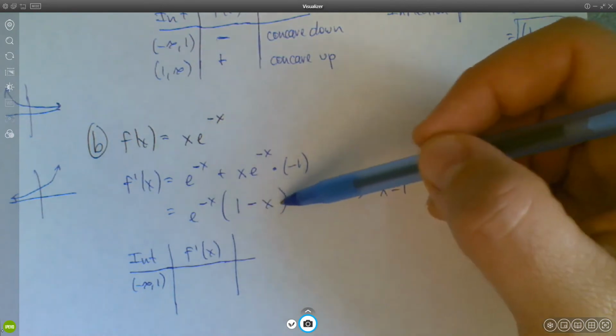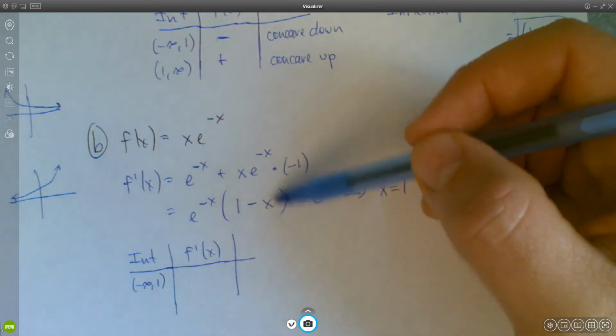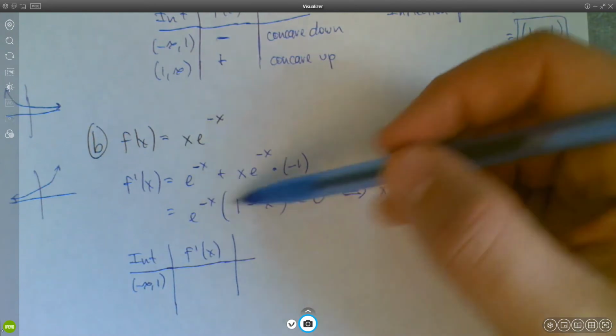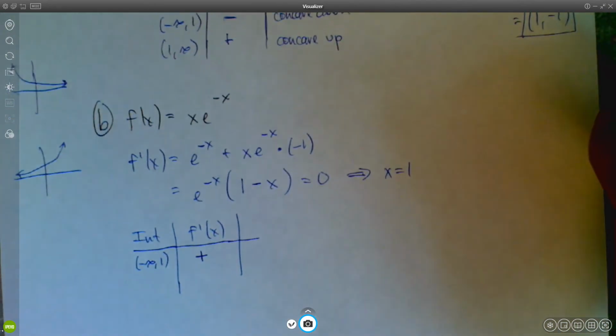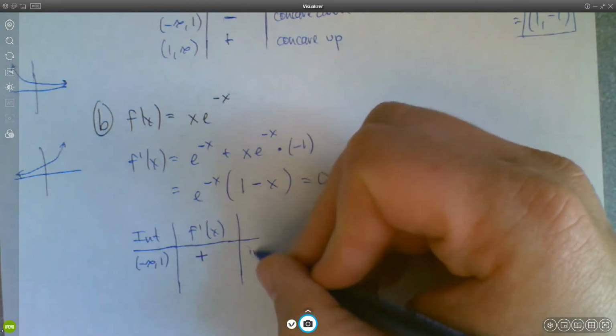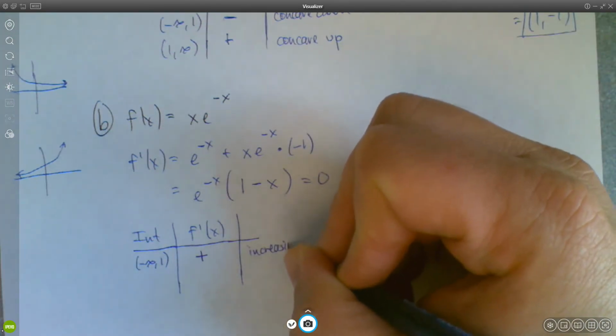And then 1 minus 0 is 1, so I'm going to get positive there. Positive times positive is going to be positive. So it's positive on that interval, which means it's increasing on that interval.